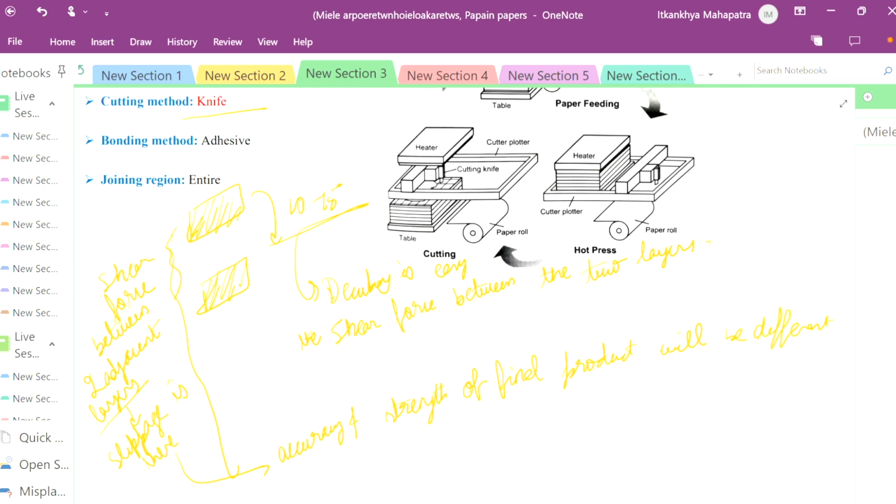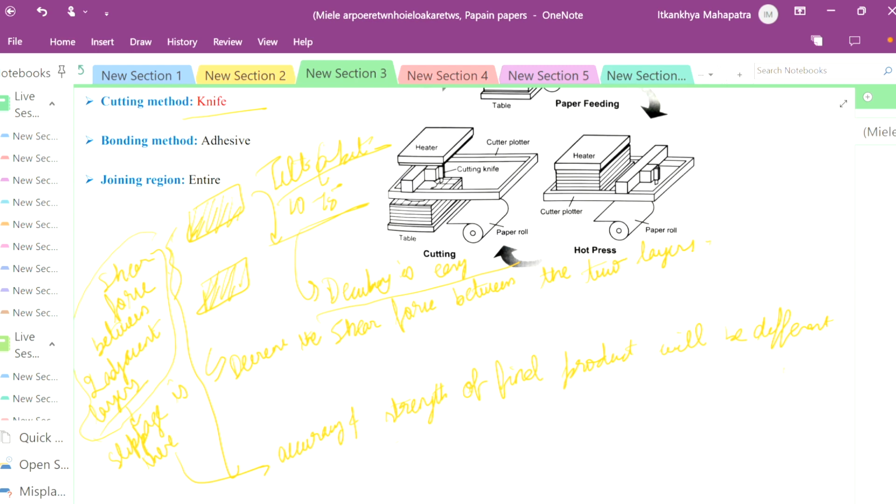So we decrease the shear force between two layers by tilting it a little bit, to make decubing easy and decrease the shear force between the two layers. These are very important points. What will happen if shear force is there? Slippage will be there and the accuracy or strength of the final product will be different.